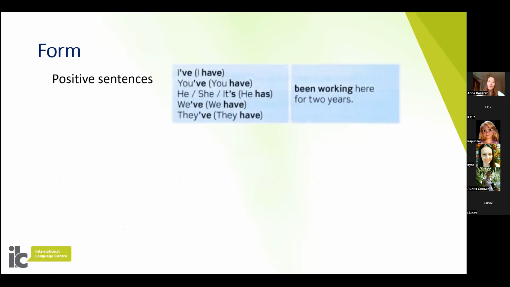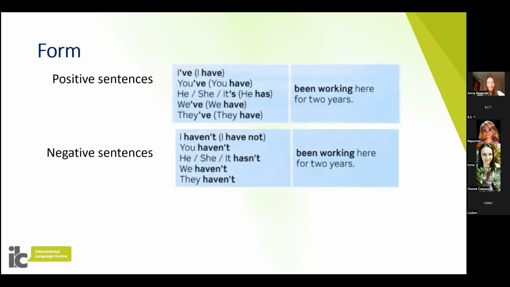If we look at a positive sentence, we need a subject. If it's I, you, we, they, we use have or short form with apostrophe v plus been plus verb ing. If we use he, she, it, then we use has. The short form is apostrophe s plus been plus verb ing.